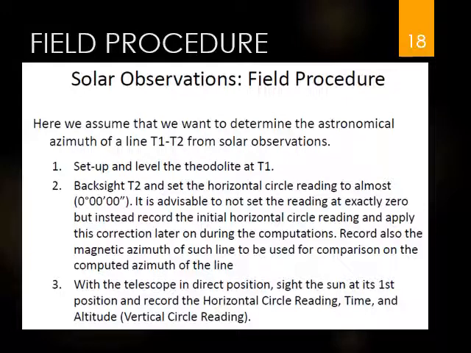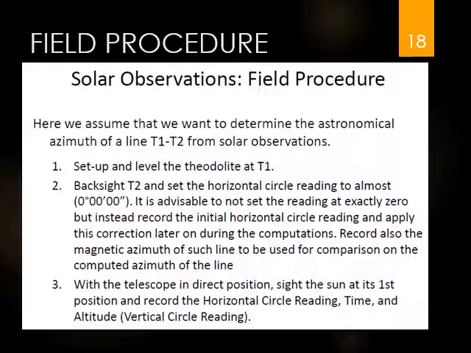Tapos, i-turn natin yung telescope until sa direction kung saan makikita mo si sun. And yung telescope mo, i-direct mo siya sa sun. There, you can read the horizontal angle and the vertical angle of the sun. And also, record the time, record the altitude, and record the horizontal angle.